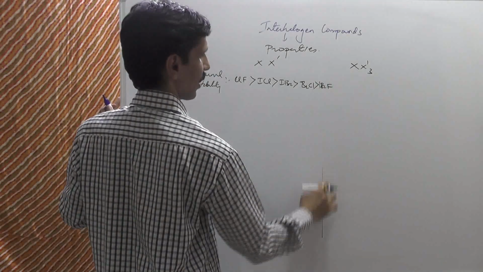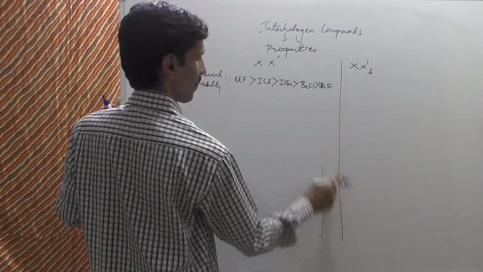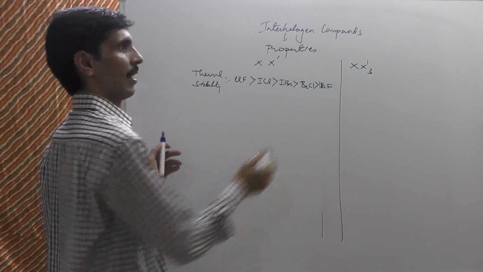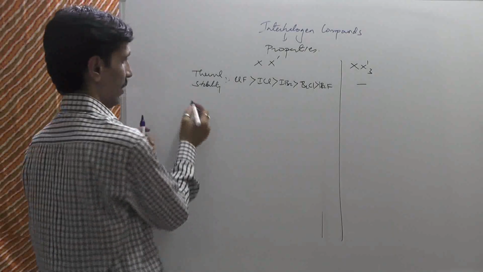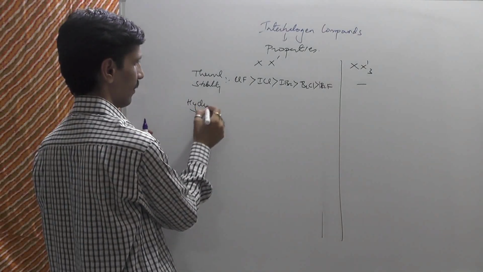This is the order of thermal stability. In XX'3 it's not possible, so I just put a dash. Next one is hydrolysis.